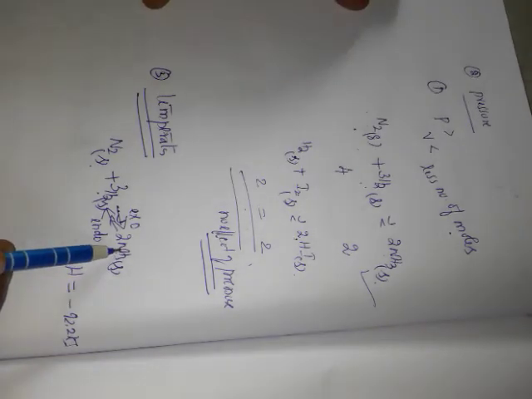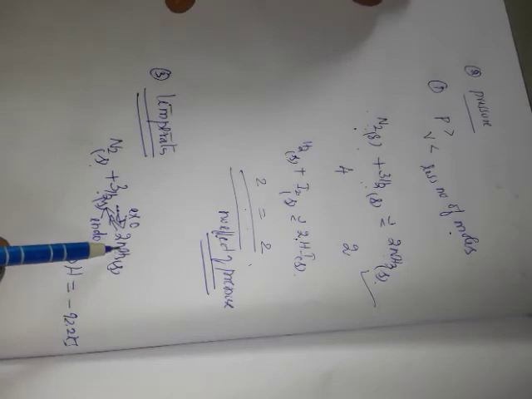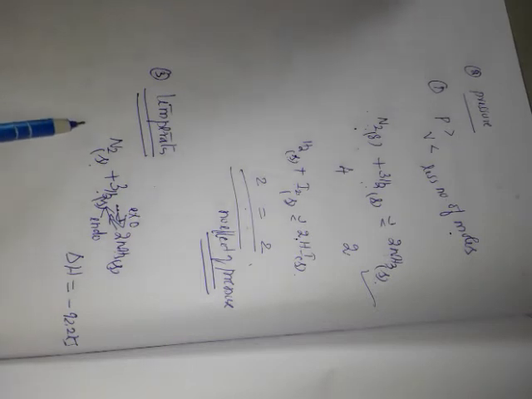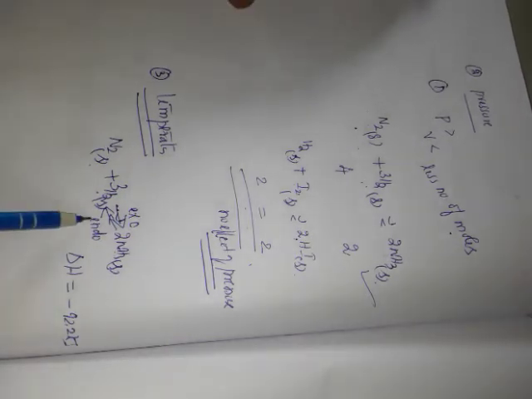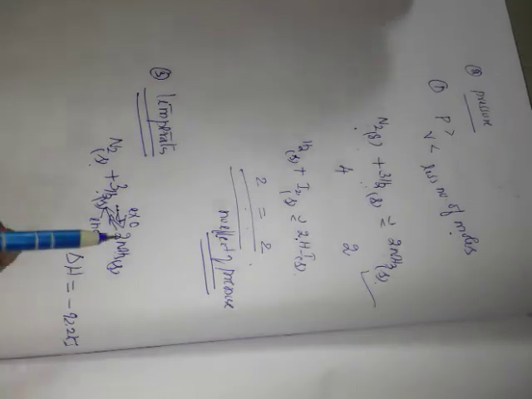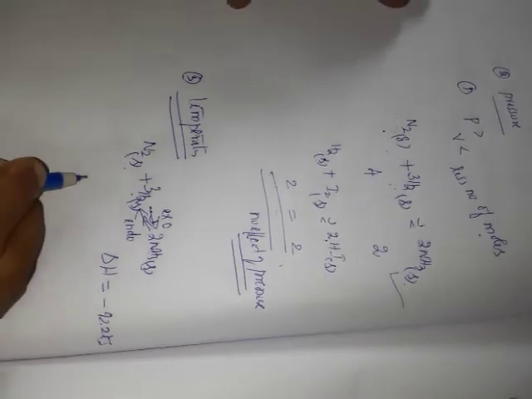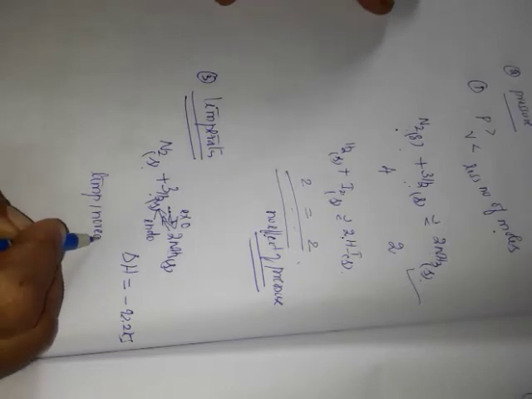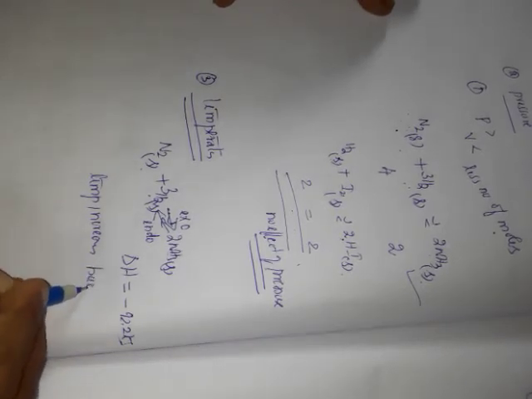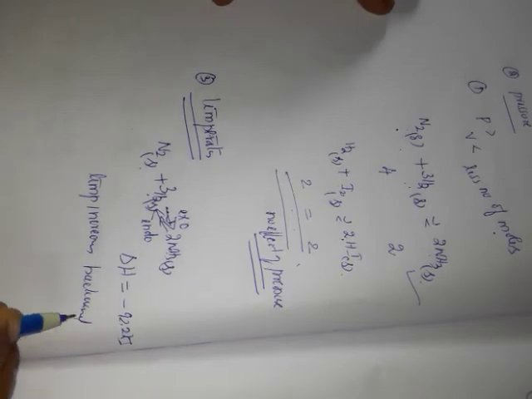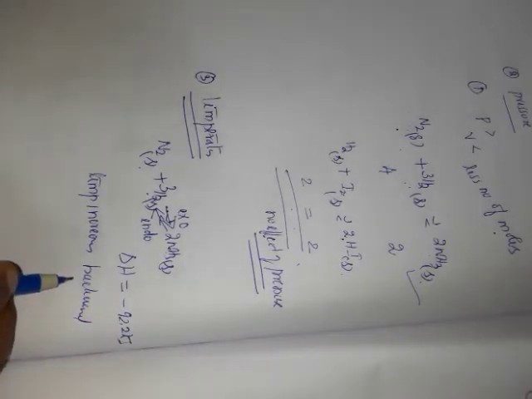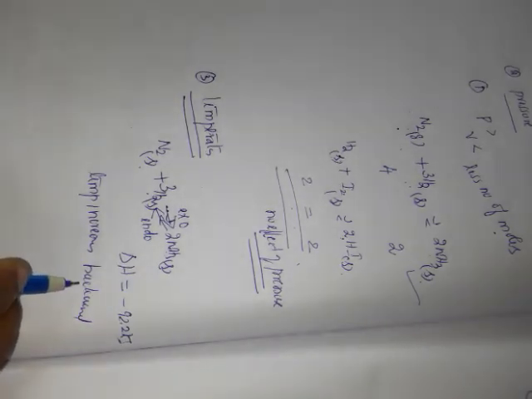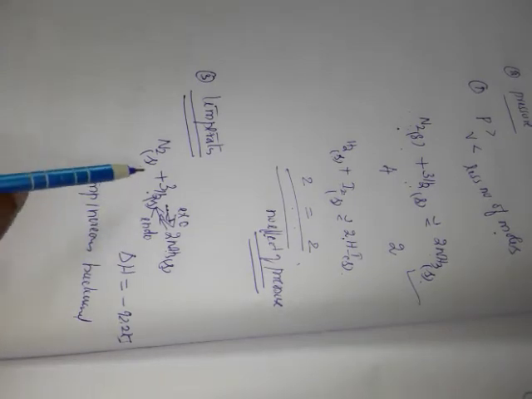Decomposition of ammonia takes place to give nitrogen and hydrogen. So the backward reaction is favored. Backward reaction means the endothermic reaction. So if the temperature increases, the backward reaction is favored. Now if the system is cooled, otherwise the temperature decreases, what happens?